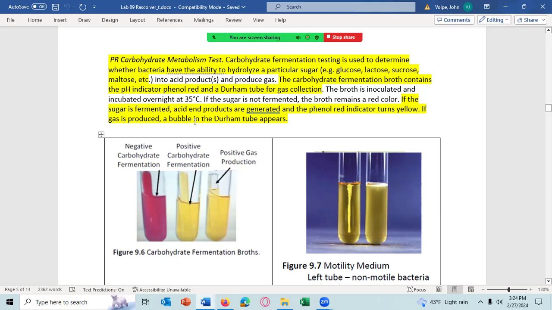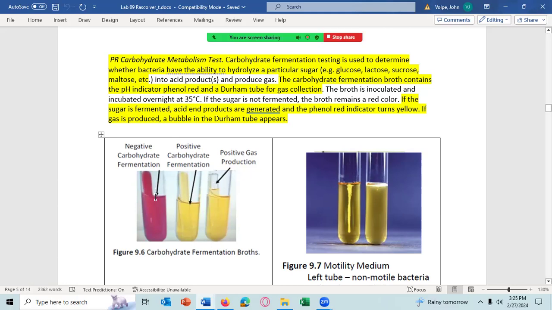It's called the carbohydrate fermentation test because we're fermenting a carbohydrate, but as I stated, we only have one sugar in the tube, and it could be glucose. You just have to check and see what the sugar is. Could be glucose, sucrose, mannitol, lactose, inulin, or another sugar.